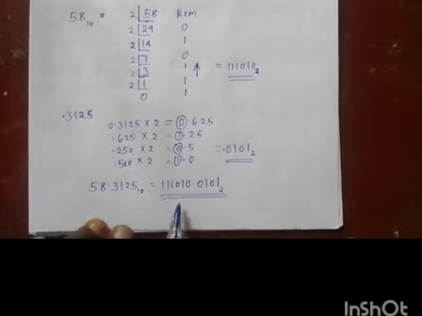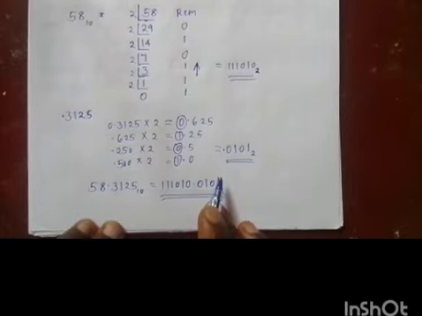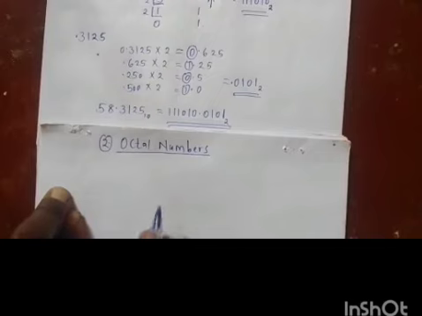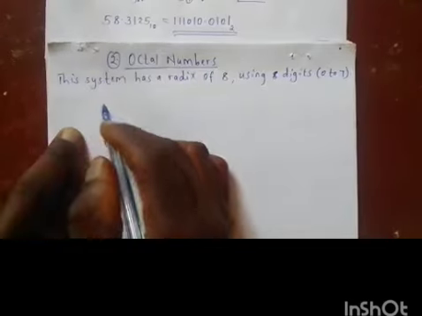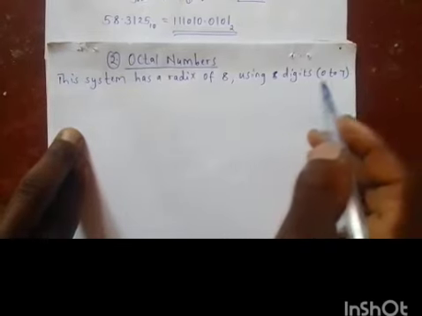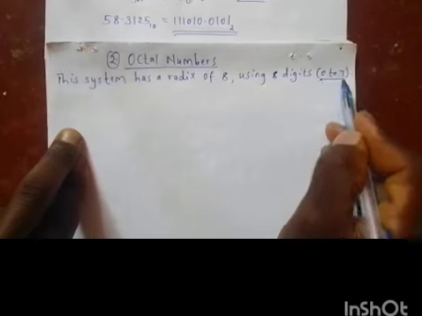So we now move to the other type of numbers, that is the octal numbers. This system has a radix of 8, using 8 digits, the numbers from 0 to 7.